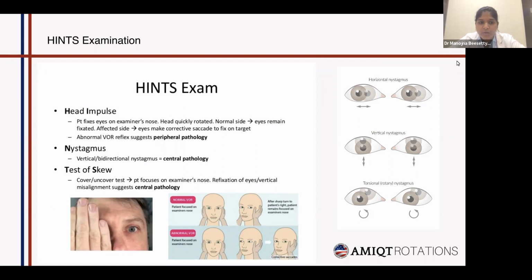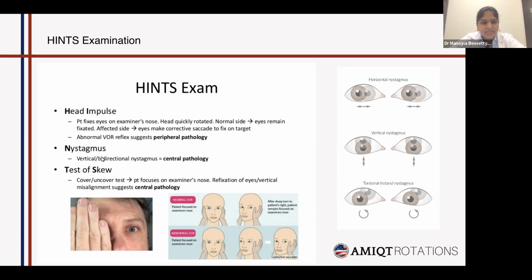An abnormal head impulse test is the inability to maintain the central gaze fixed, and we would see a corrective saccade of the eye moving back to the center. A normal head impulse test suggests a central cause of vertigo, and an abnormal head impulse test suggests a peripheral cause of vertigo.